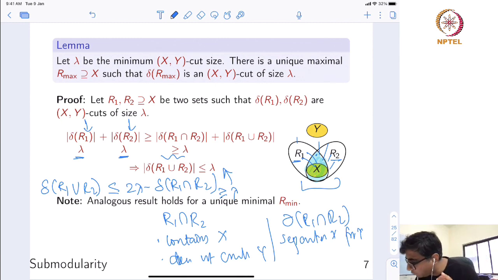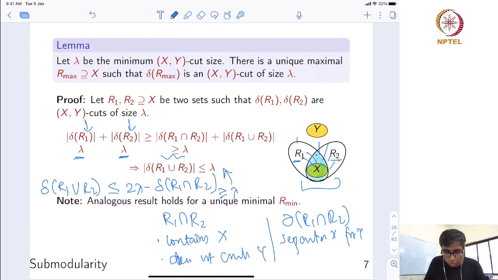So you cannot have two, R1 and R2, with the property that I cannot extend R by another vertex such that the cut size still remains the same, because if that happens, then we could have taken R1 union R2, which is a superset of both R1 and R2, and it is still disjoint from Y, and the number of edges going across is at most lambda, right?